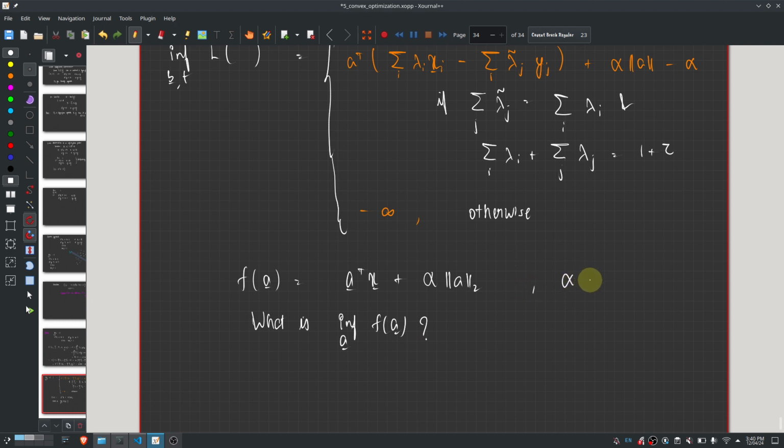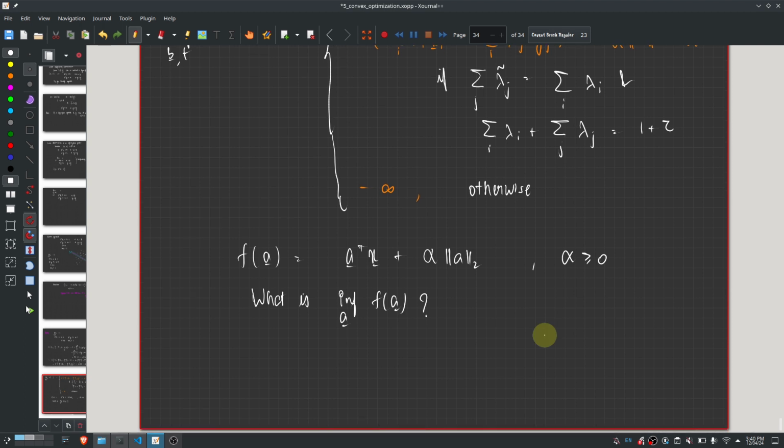All we know is that alpha is greater than or equal to 0. I'm fixing the vector x and viewing this as a function of A. If this is not comfortable, let me call this, say, U, some vector U. I'm viewing this as a function of A, and I want to minimize this over all possible vectors A.